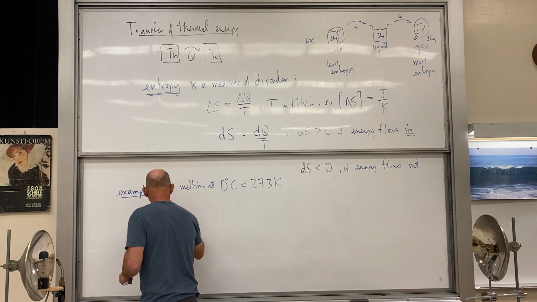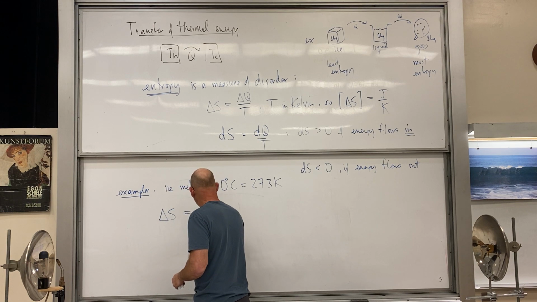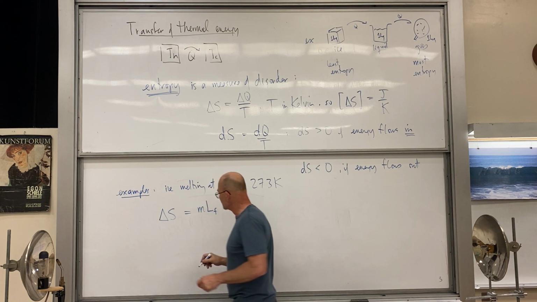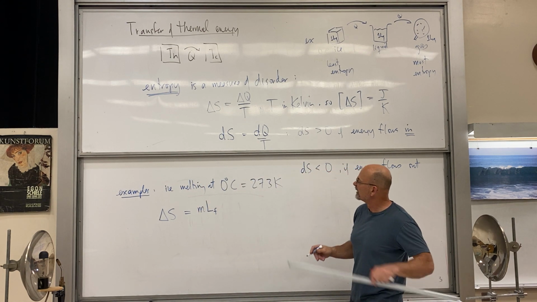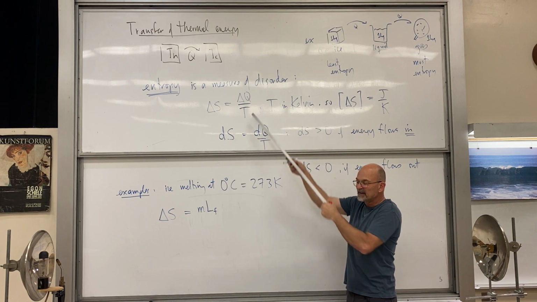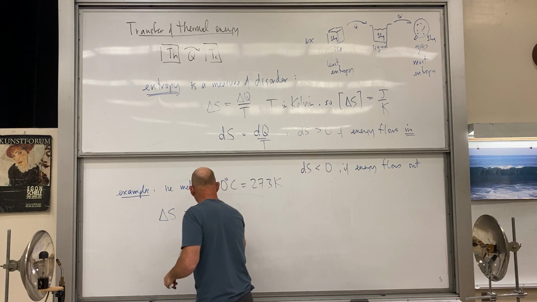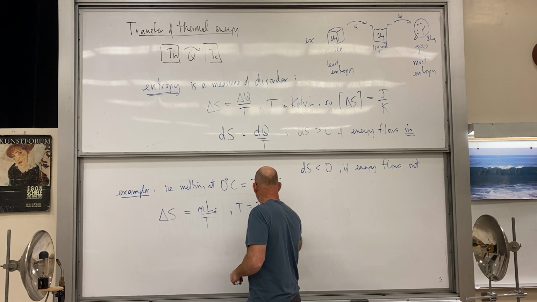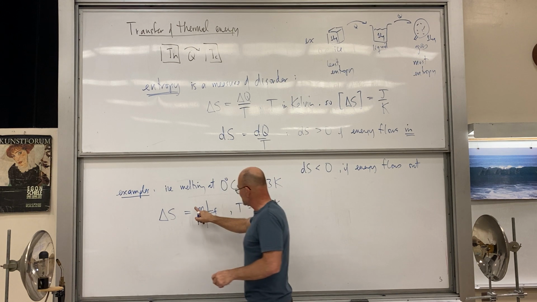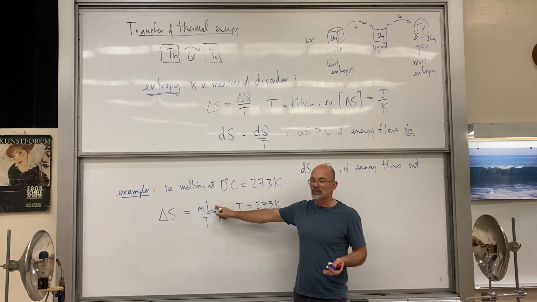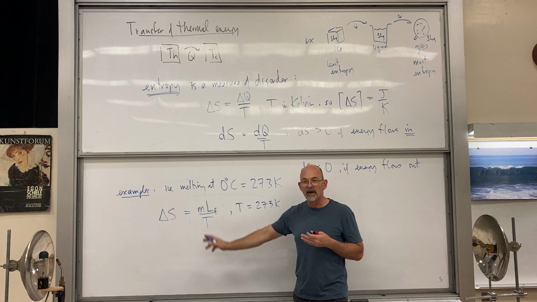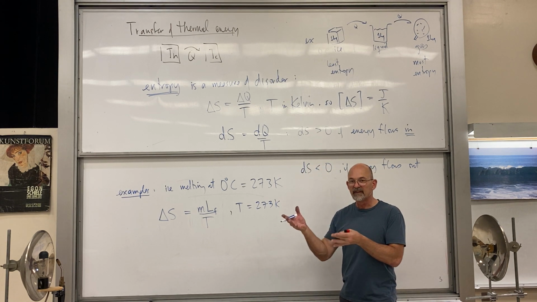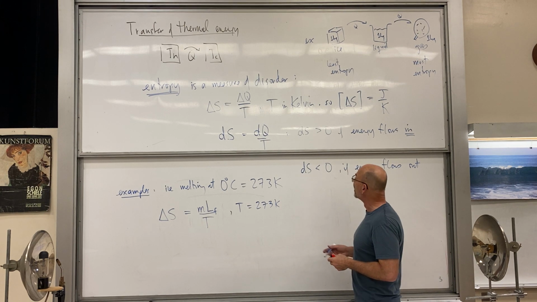Here delta S is equal to mass times latent heat of fusion. Remember, that's our Q. Mass times latent heat of fusion, divided by T, and T has to be 273 Kelvin. If you plug in, say, a kilogram and the latent heat of fusion of water divided by 273, you'll get some number. Positive, because that heat flowed into the ice, turned it into liquid water.